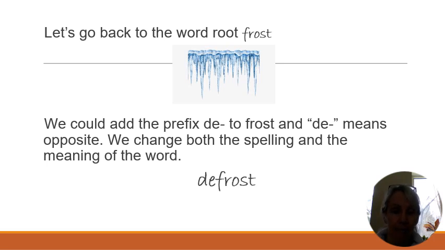Now we could add the prefix de to frost, and de means opposite or undoing. We can change both the spelling and the meaning of the word when we add that prefix. De at the beginning because it's a prefix: frost, defrost.